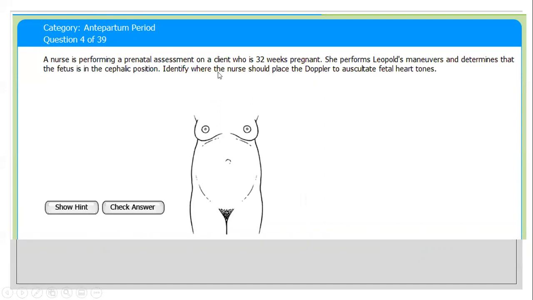Identify where the nurse should place the Doppler to auscultate fetal heart tones. So with Leopold maneuvers, we can find out the presentation of the baby and the lie of the baby, right? The fetus is in cephalic position, as the examiner already told you. So in this area, where do you have to put the stethoscope to get the fetal heart sound? Is it below the umbilicus or above the umbilicus? What is the correct answer?